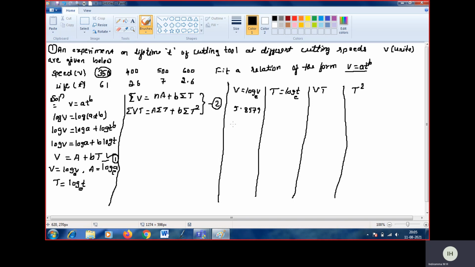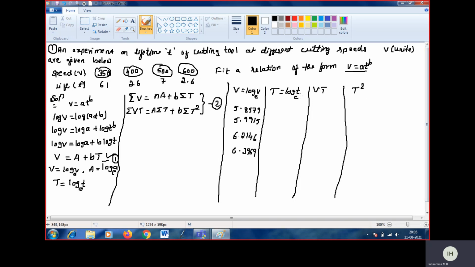Okay, next ln of 400 I want. ln of 400 is 5.9915. Next, ln of 500. ln of 500 will be 6.2146. Next, ln of 600. ln of 600 will be 6.3969.